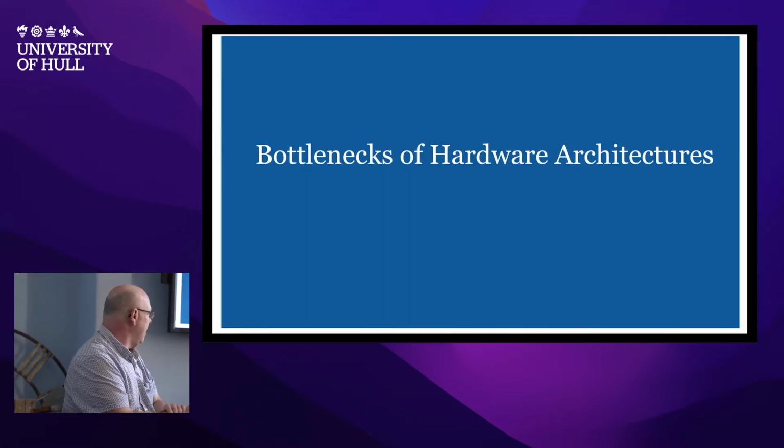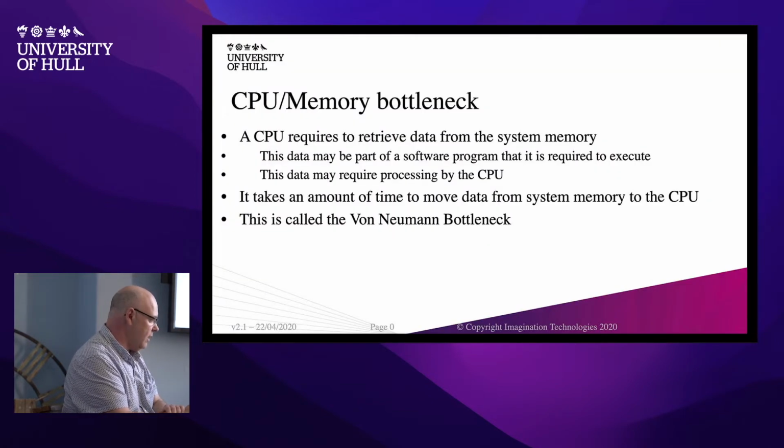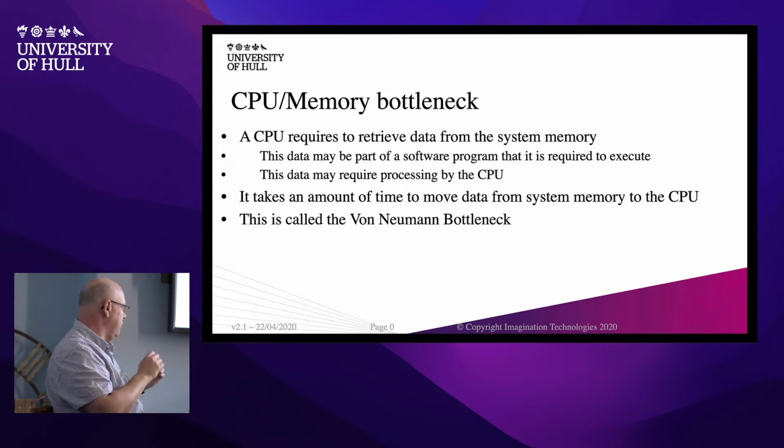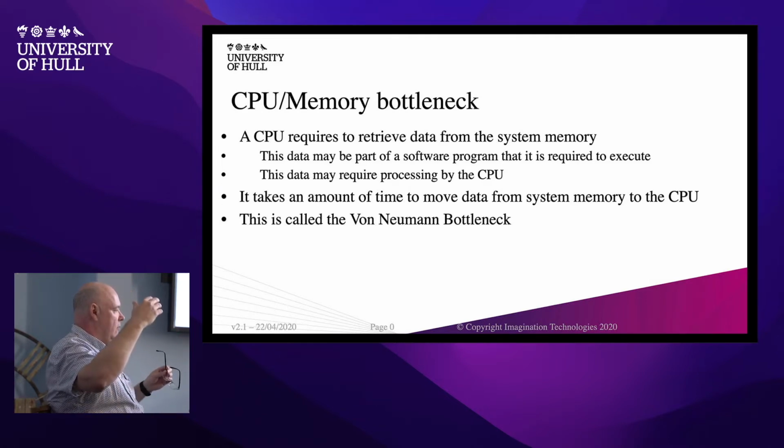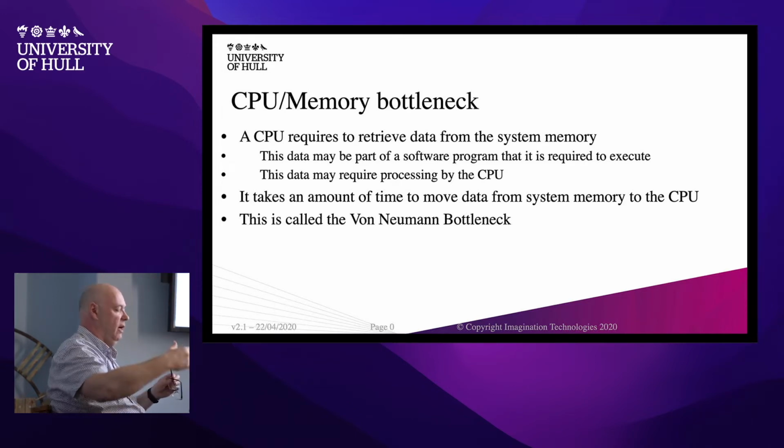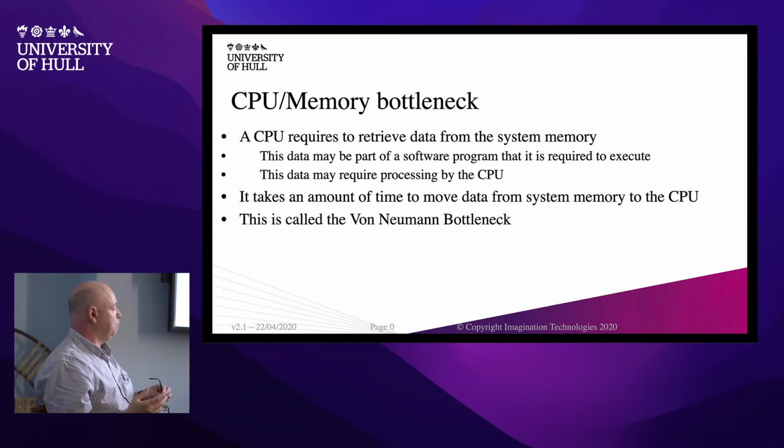The reason I mention von Neumann is because of the von Neumann bottleneck. It's named after the chap in the 40s. Essentially, before we had cache memory and stuff like that, well, even then, when you write some software, you're using data structures held in system memory.